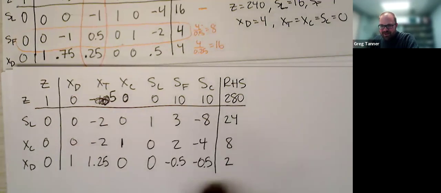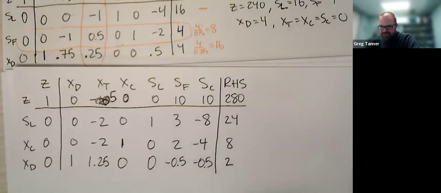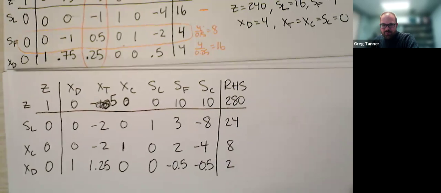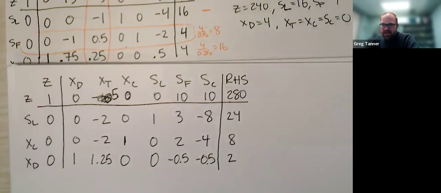There's a lot of small places where you can mess up on these. The emphasis is not getting really good at doing these by hand, because pretty quickly we'll move on. But the reason why I want you to do these by hand at least a couple times is to get an idea of what's going on underneath the hood, what's going on with these row operations.